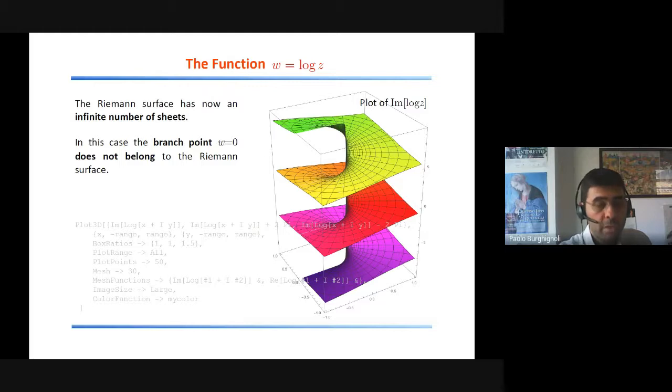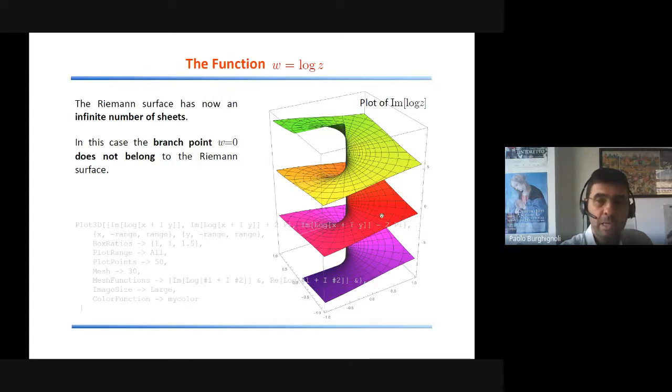They are joined to each other by means of the branch cuts that run along the negative real axis. So if you make a tour, for example, from the bottom of this figure around the origin, and you go from the negative real axis again to the negative real axis, then you will end up in the upper Riemann sheet. So you don't come back to the purple region, but you go onto the red region.